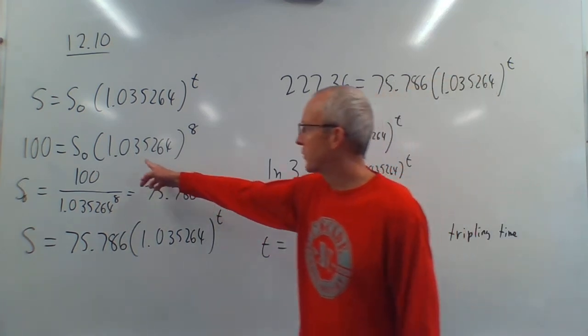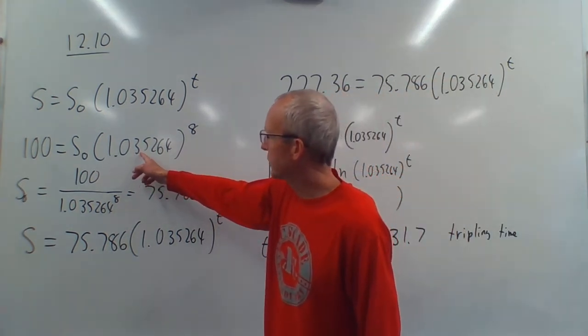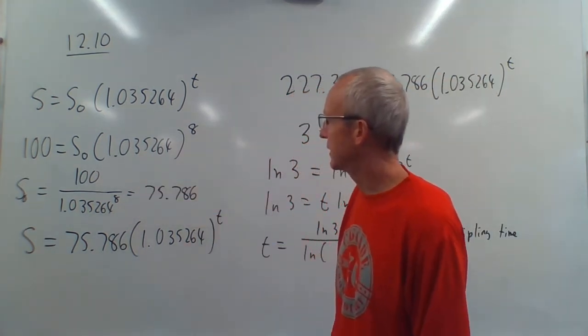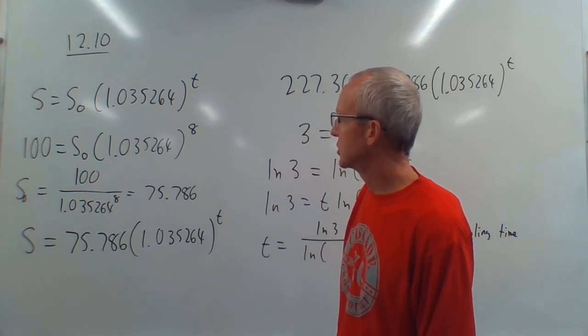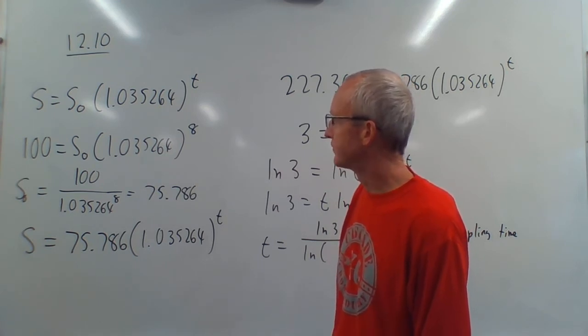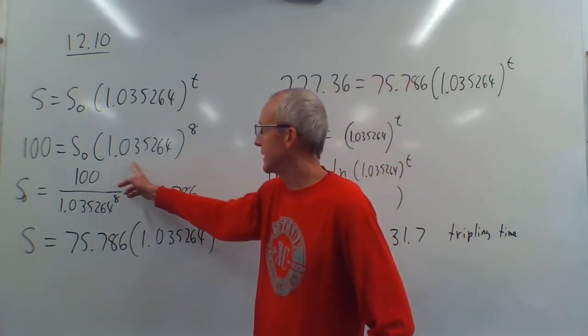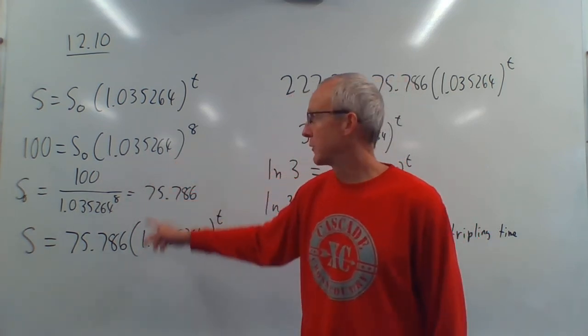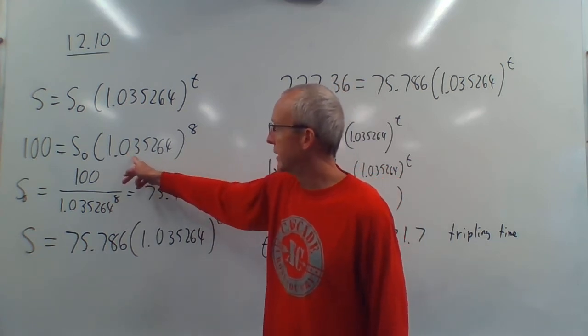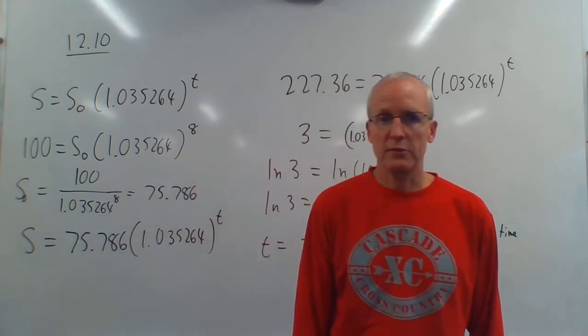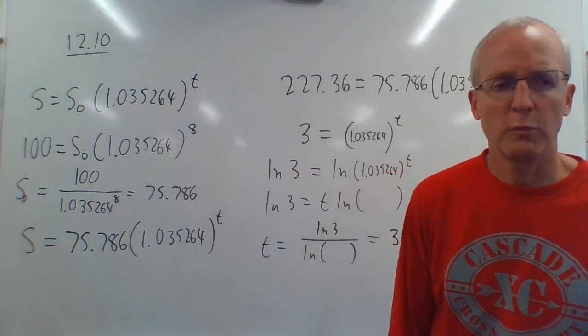So it would be 3.5% per day or something like that. It does make sense. This number tells you the daily growth rate, the decimal here tells you how much faster it's growing a day. I'll talk about that more in one of the other problems.